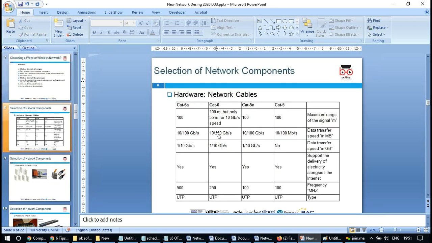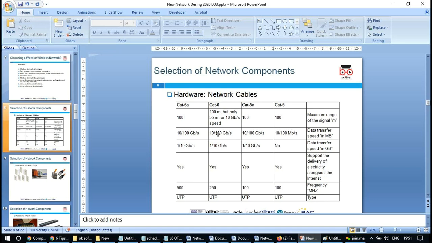Now furthermore, we have the option to select the network cables. You must know the Ethernet cables. They come as category 5, category 5E, category 6, 6A. You must have seen them, tried to touch them, and at some point connected them to computers, isn't it?